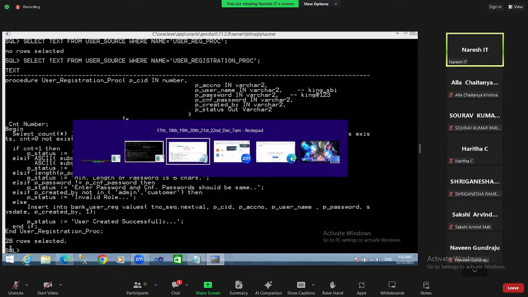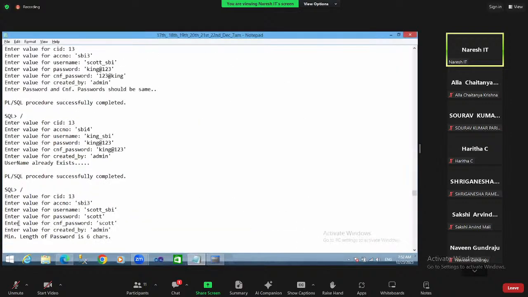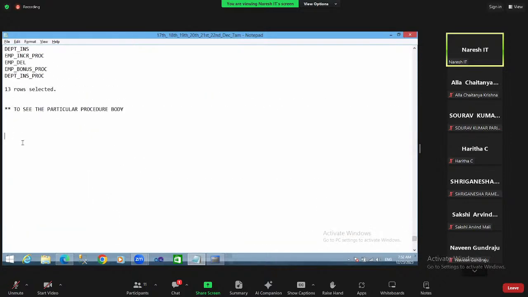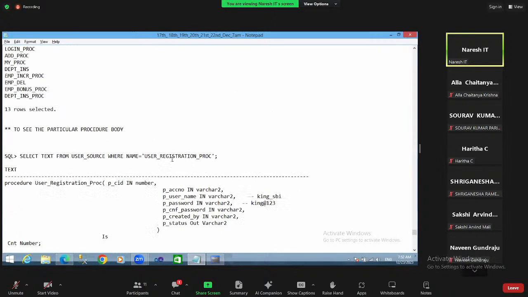But guys, you should remember one important point here. The procedure name you pass in the where clause should be capital.